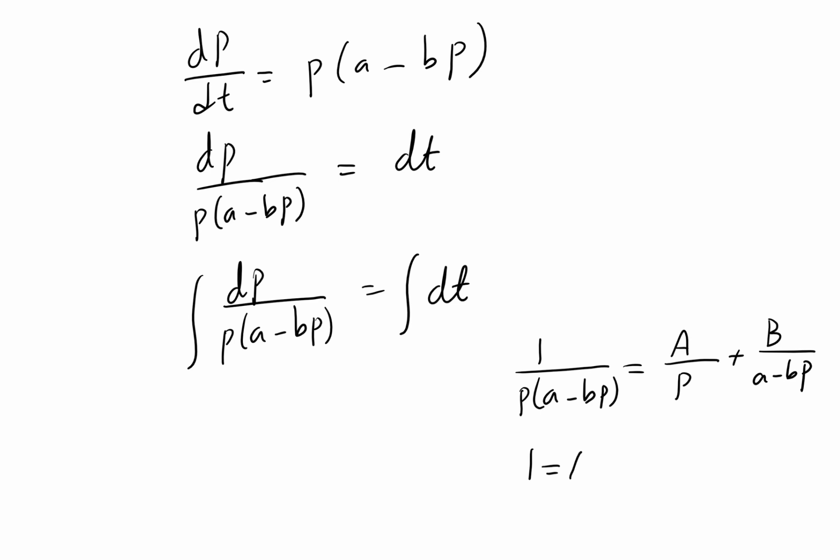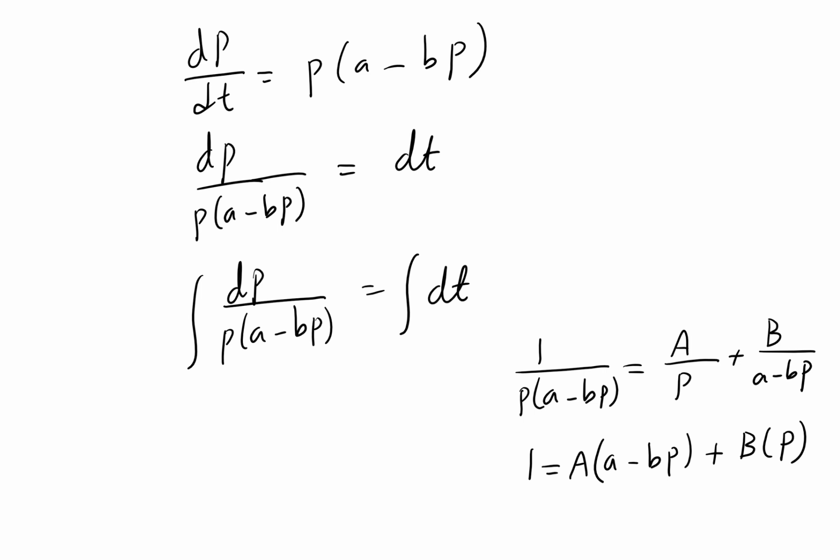We get 1 equals A times a minus bP plus B times P, where a and b are constants. That's not a Bernoulli one. So how do we solve this for capital A and capital B?